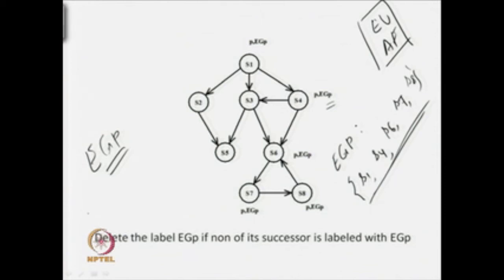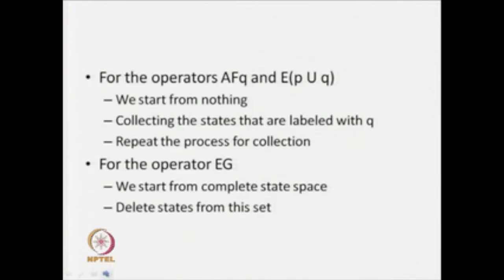Now, what is this difference? For the operators AF and EU, basically we start from nothing. We are not considering any steps, so you can say that initially we are starting from an empty set. Now, we are collecting the states that are labeled with Q, in AFQ and E P until Q.